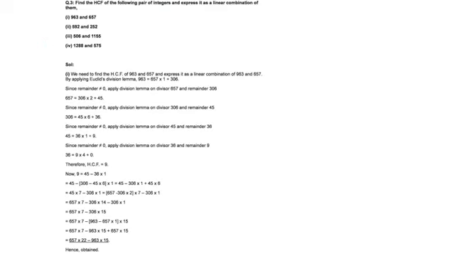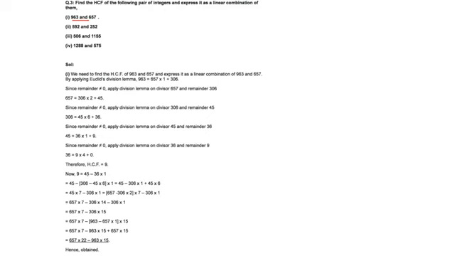I'll tell you how to do this. We'll take an example of 963 and 657. I'll just show you here how this is done, then I'll explain how to write them in the form of linear combination.